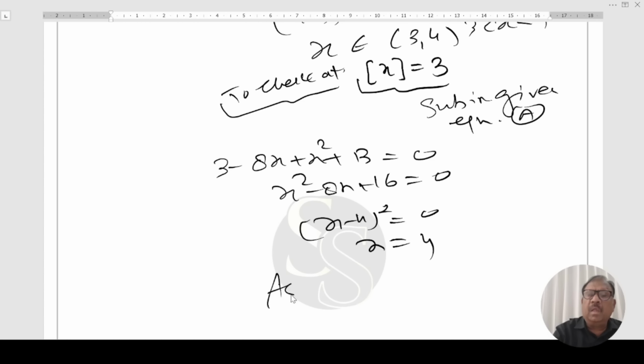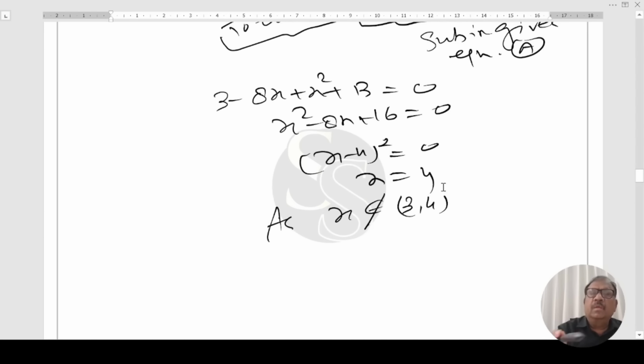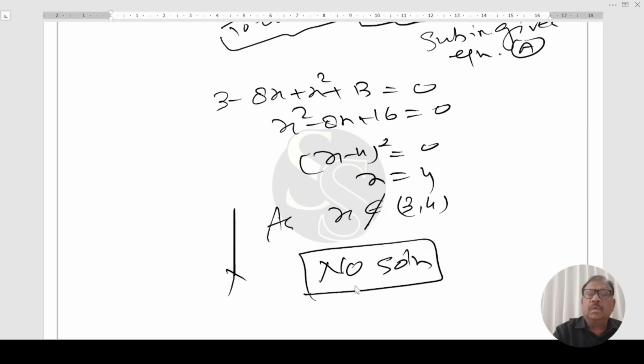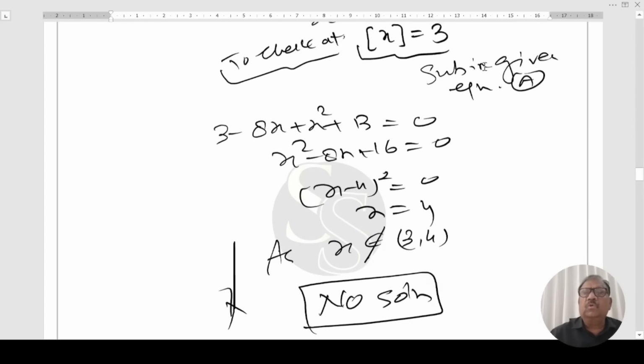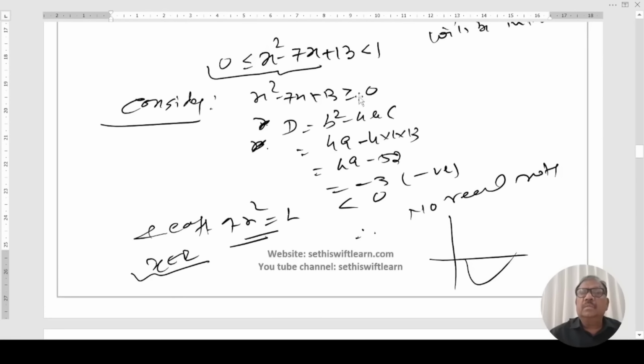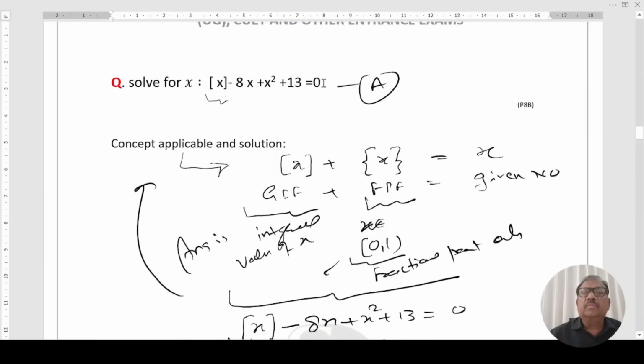Therefore, as x does not belong to (3, 4), no solution. No solution is the answer. Right? So this concept applicable was greatest integer function plus fractional part function.